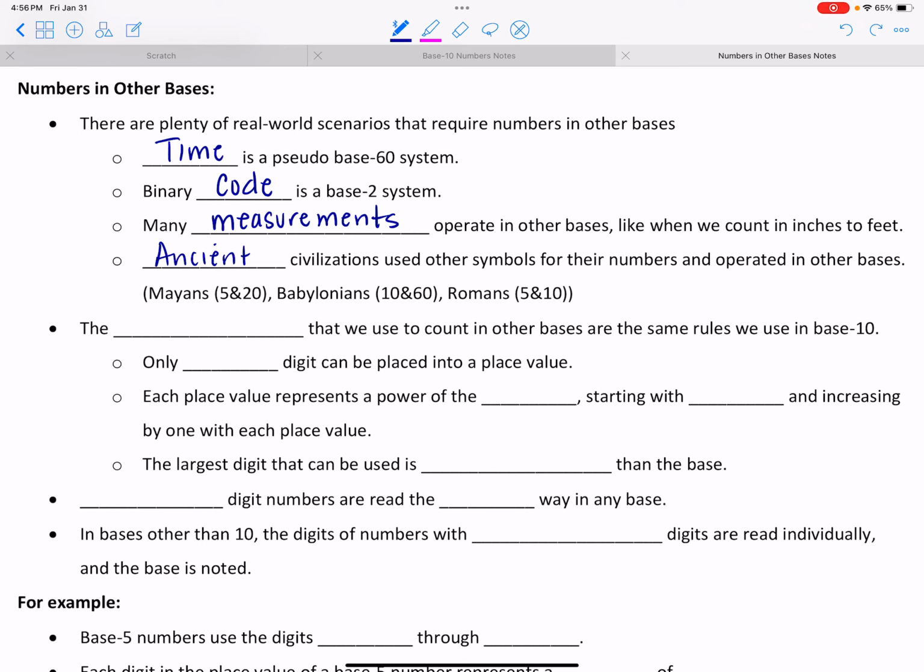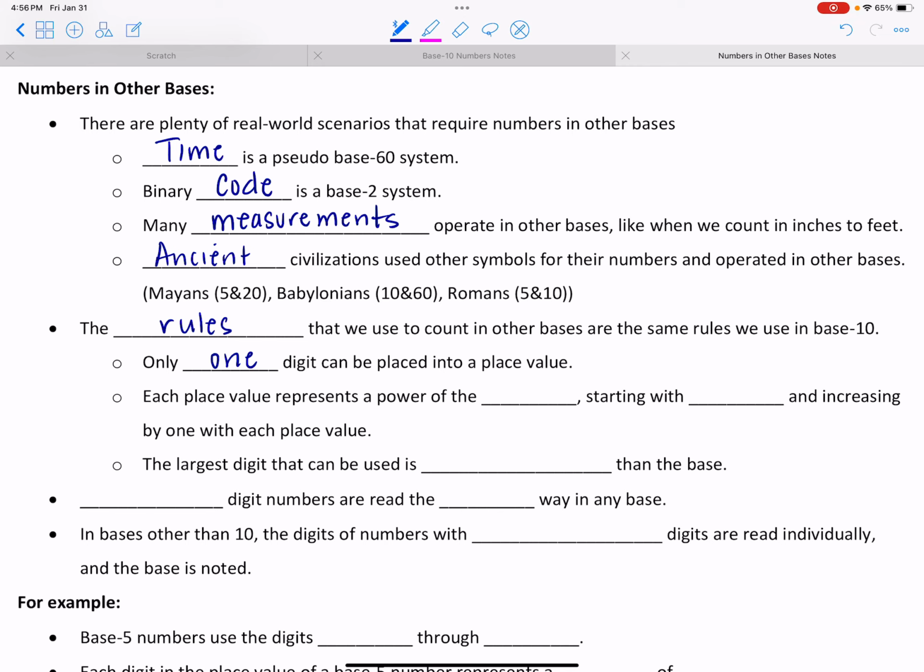Now, when we're working with other bases, the rules are basically the same. And we're not talking about the Mayans, Babylonians, Romans, but just the digits that we use, but in other bases. The rules for counting are the same rules that we use in base 10. We only want one digit in each place value.